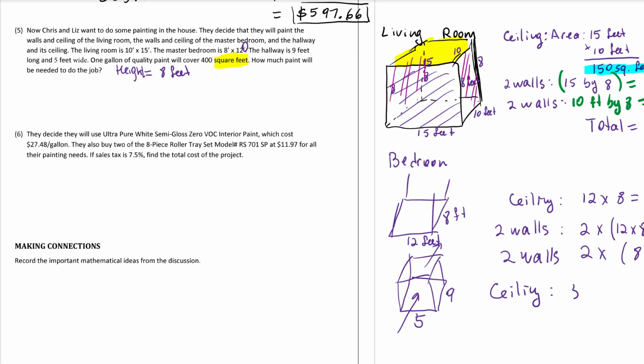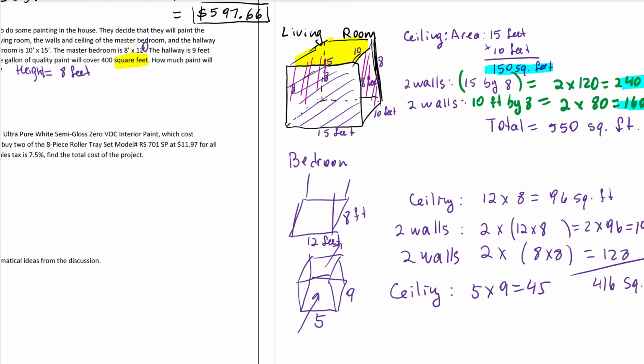So the ceiling here is 5 by 9, which is 45 square feet. Then we have two walls along the longer side, which is 9 by 8, because the height everywhere in the house is going to be 8 feet. So it's two walls multiplied by 9 times 8, which is 72, and then multiplied by 2 gives us 144.